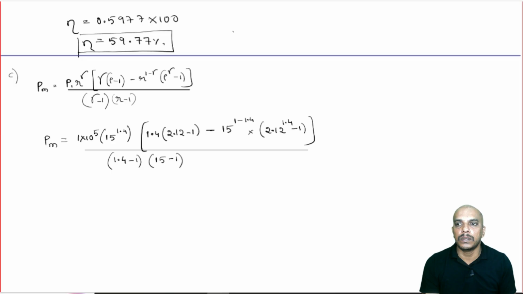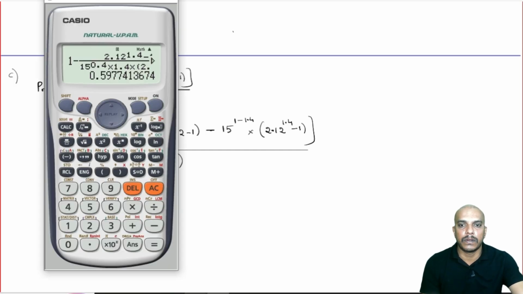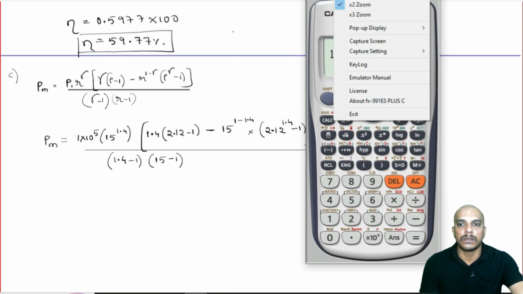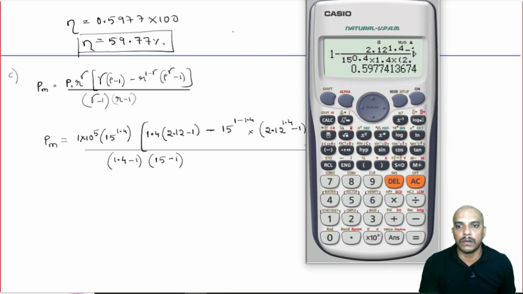What I will try to do is solve this separately, so we'll split it and try to solve it. Do not put everything in the calculator and try to do it, otherwise it will be difficult. I will do this part separately, then what is in the bracket separately, and then we will multiply.